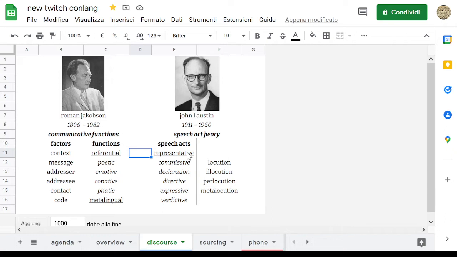Information about topics or about our context, but we also have all these other levels. How we're feeling about what we're saying, committing ourselves to doing something, even changing legal status. If we marry two people and pronounce them husband and wife, or husband and husband, or whatever that happens to be, that is language that is not just communicating, it's actually changing the reality.